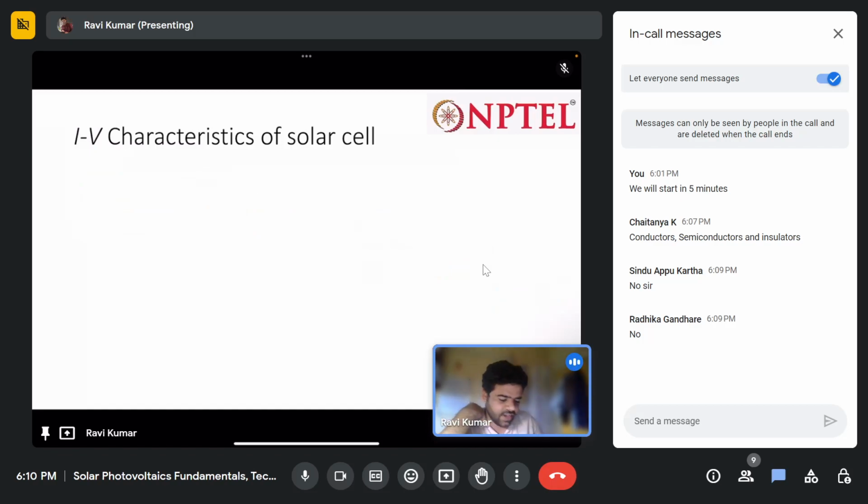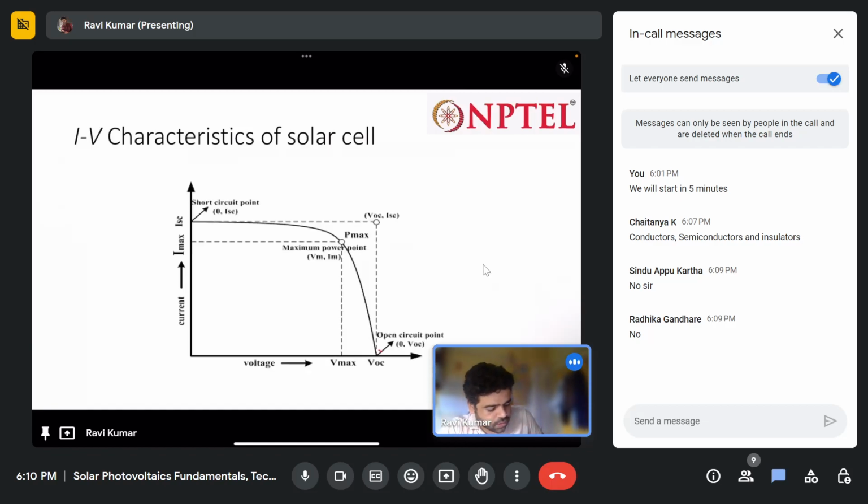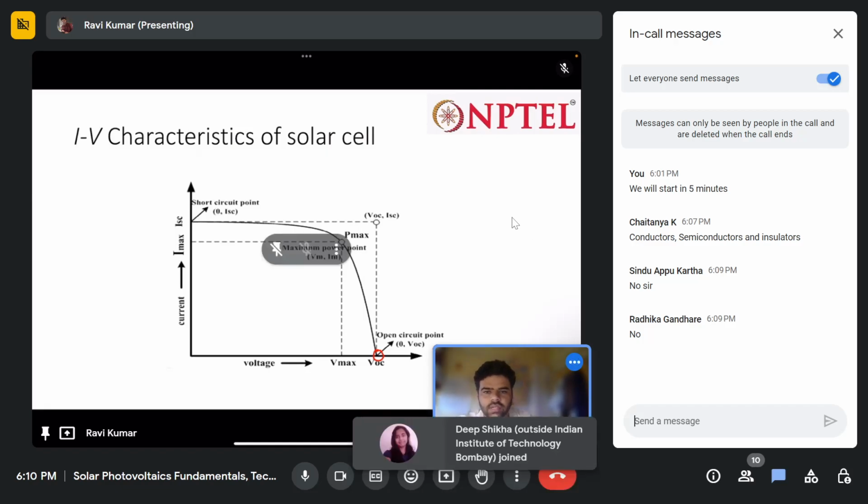So this is the IV characteristic. Here we have 3 points. VOC is the point at which the current flowing through the load is 0 and the voltage at the terminal is maximum, so it is known as open circuit voltage.